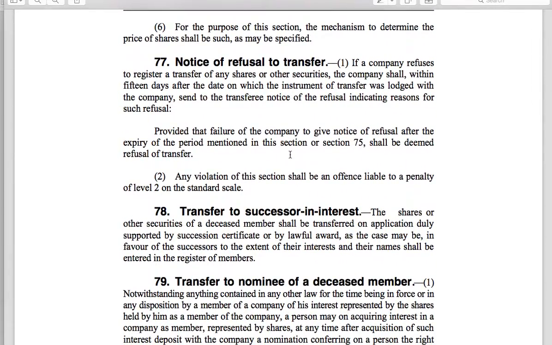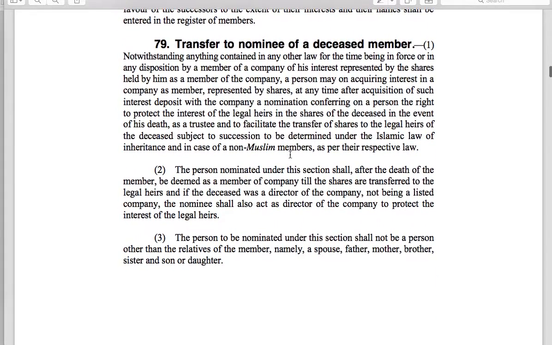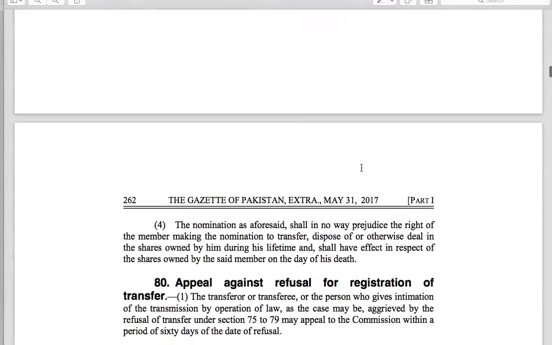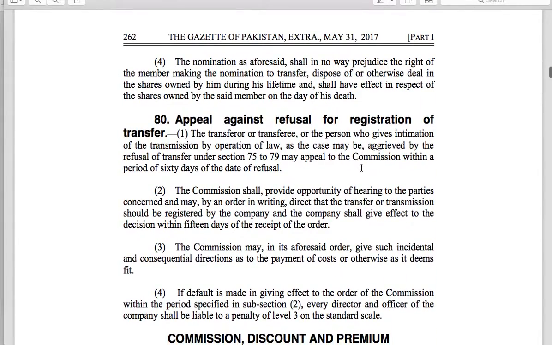So after incorporating your company, we are discussing how you issue shares, transfer shares, and now make them digital. And in cases of a deceased member or successor in interest, these are guidelines which you won't find in a partnership business or a sole proprietorship.